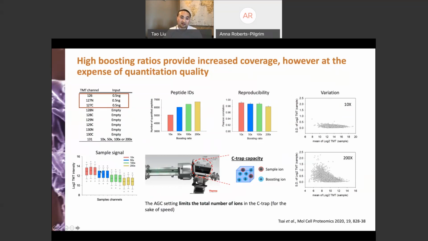Again, it's pretty obvious that it's caused by the limitation in the number of actual ions from the sample channels as you go higher. You can see that the 200-fold appears to have the lowest amount of ions from the sample channels.